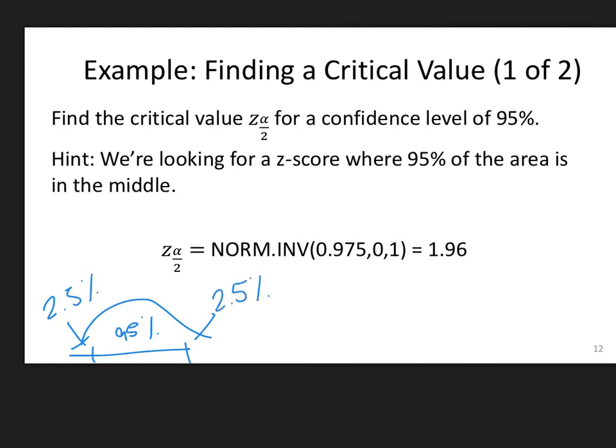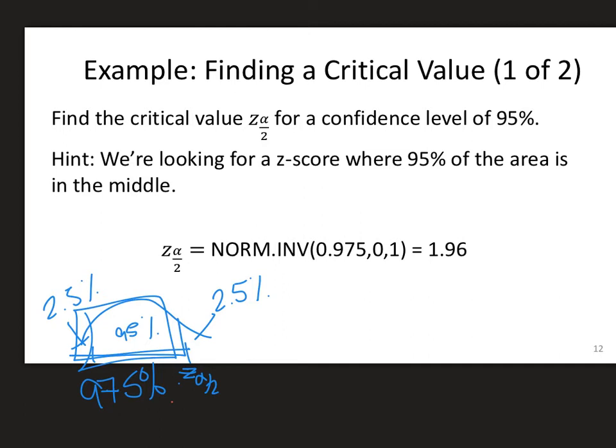So really, if my z is here, z sub alpha over 2, then this side is actually 97.5%. You have to keep that in mind when you're finding these critical values. There is a formula in Excel that we can use to find that value, and that's norm.inverse.